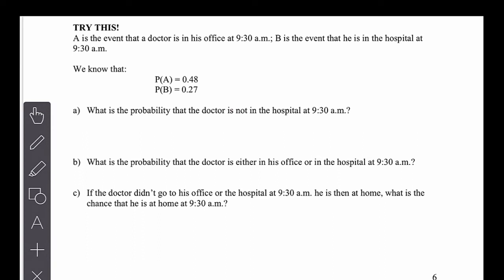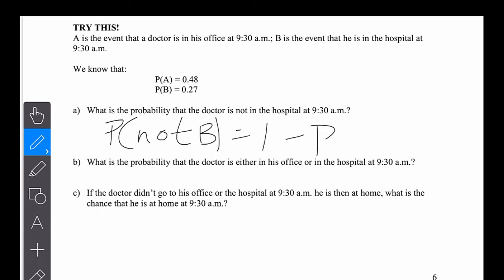Now I ask you the question, what is the probability that the doctor is not in the hospital? Well, the probability that he is in the hospital is 0.27. So the probability of not B is 1 minus probability of B, which is 1 minus 0.27, which is 0.73.